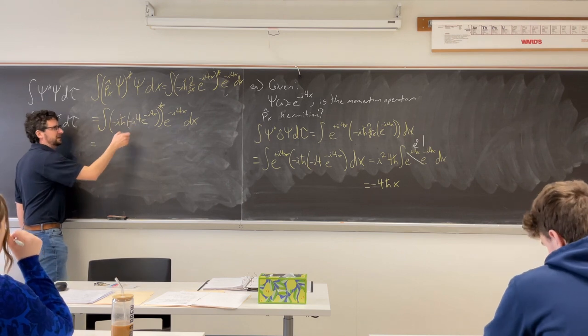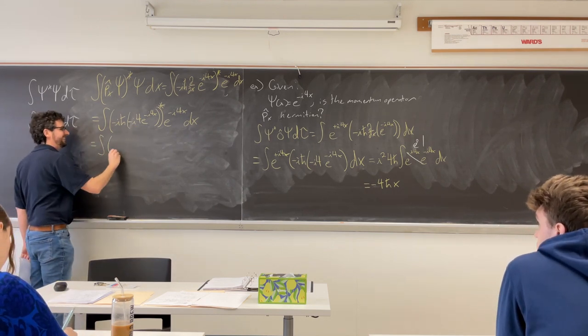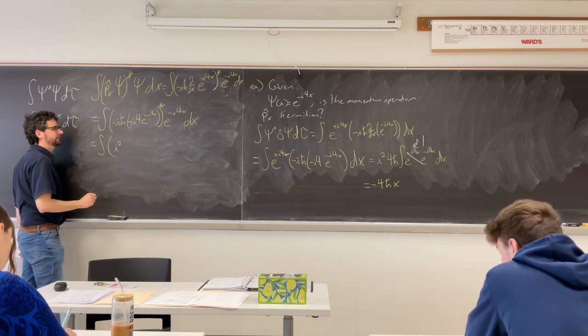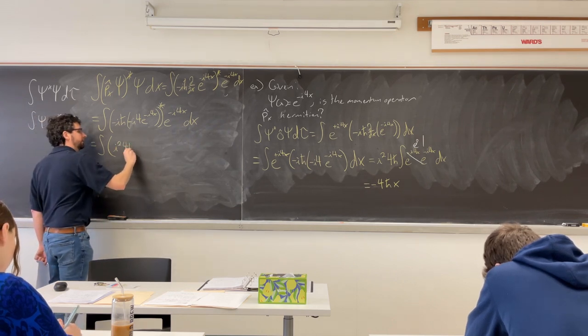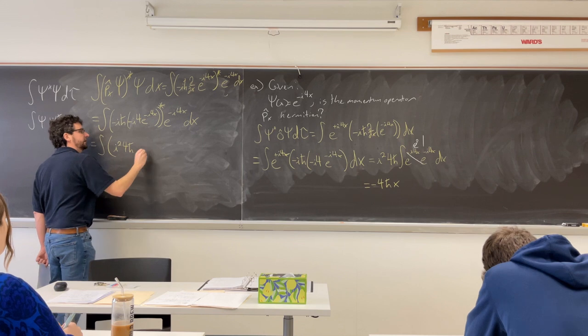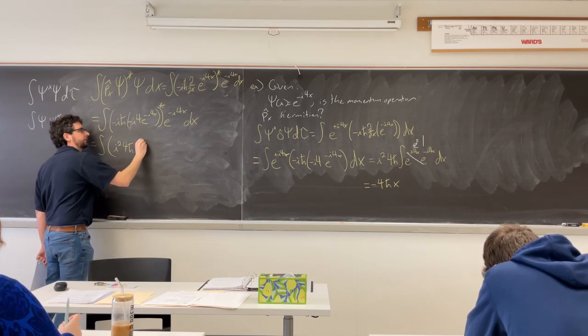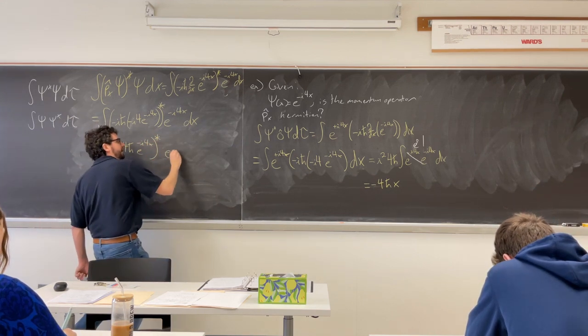Yeah, that's what I would like to do. So we got i squared. What else are we going to get? Yep. E to the what? Yep. Complex conjugate. Yeah.